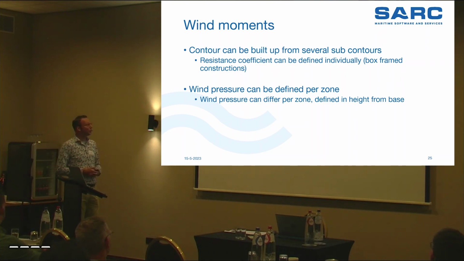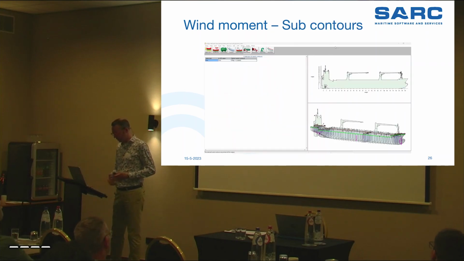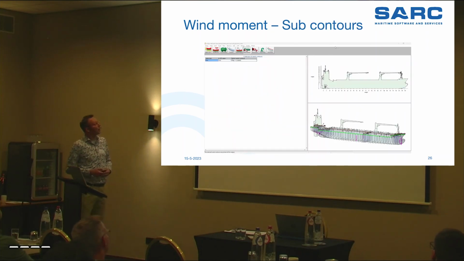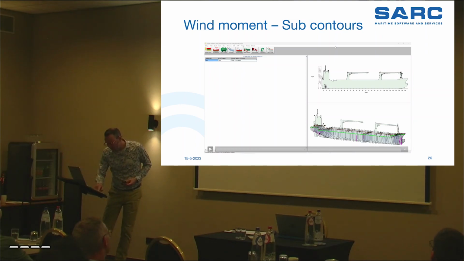And wind pressure, I would like to show you how the wind pressure can be defined and differ per zone. But first I would like to show the wind contour with subcontours. And oh yeah, there's a video.